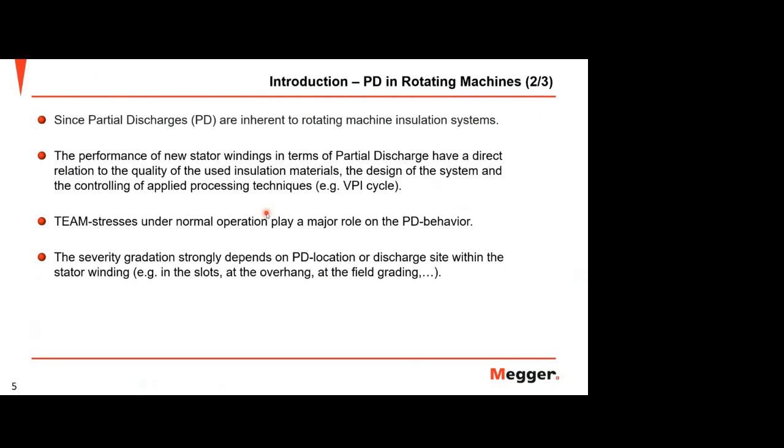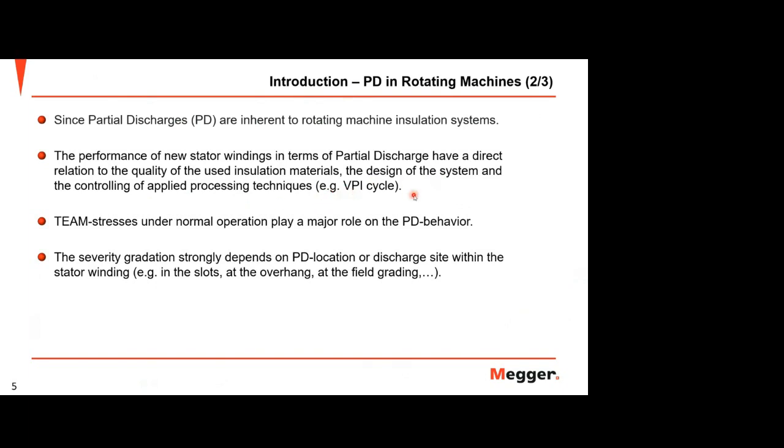So the performance of the stator winding in terms of dielectric losses and partial discharge activity can be directly related to the quality of the insulation material that you use, the design of the insulation system, and control of the applied processing technique, for example the VPI cycle.